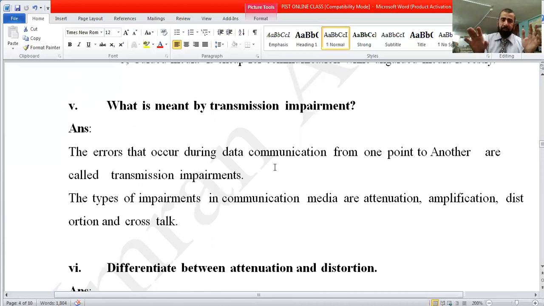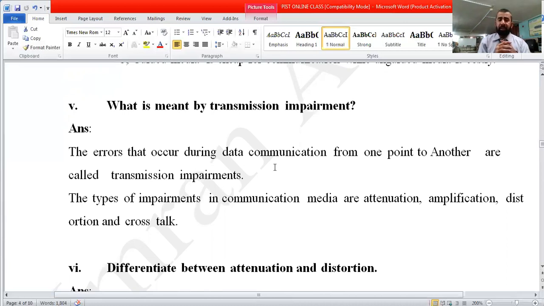The errors that occur during data communication from one point to another are called transmission impairment. You send "Hi" and the other person receives "H". So this is called transmission impairment.